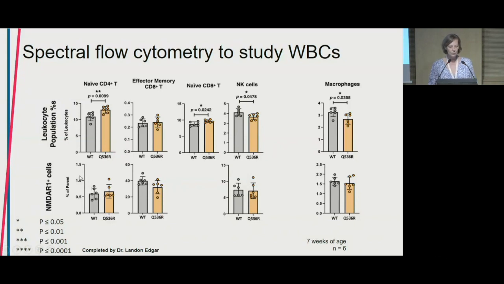But down below, at the same time, we labeled for NMDA receptor using an antibody against the GLUN1 subunit of NMDA receptors. So what this is showing is the percentage of the naive CD4 positive T cells that actually express NMDA receptors, or express the GLUN1 subunit on the surface.